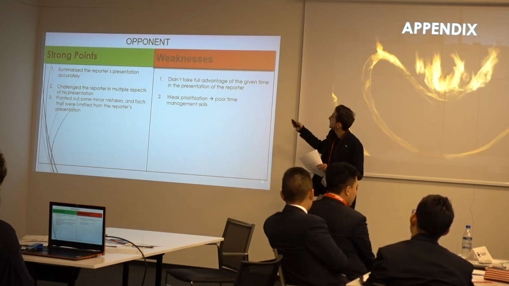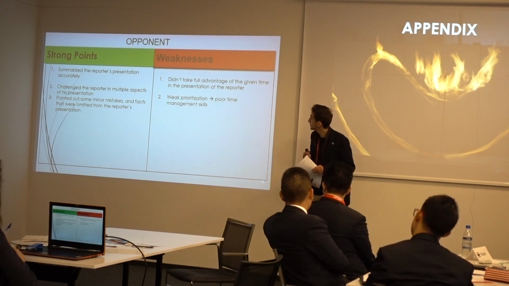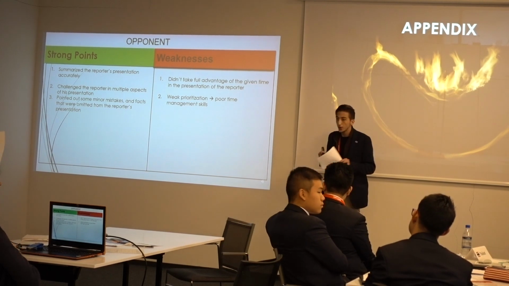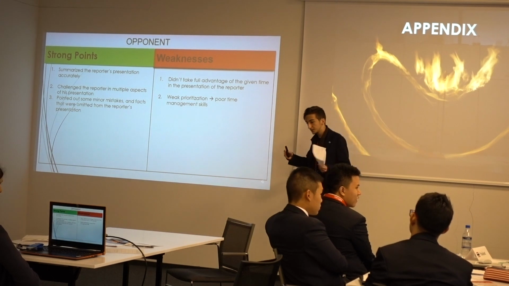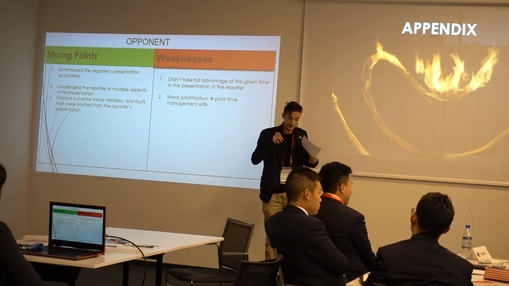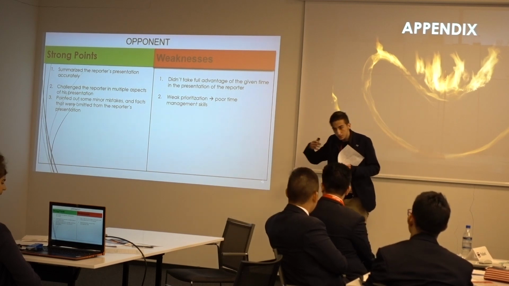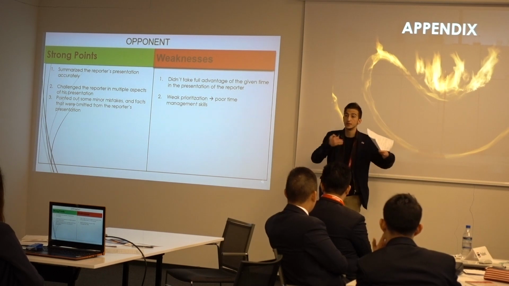However, there were some weaknesses too. He didn't take full advantage of the given time. There was weak prioritization, and he didn't use the time effectively in some cases, when he could have spent time analyzing or asking the reporter about the graphs.